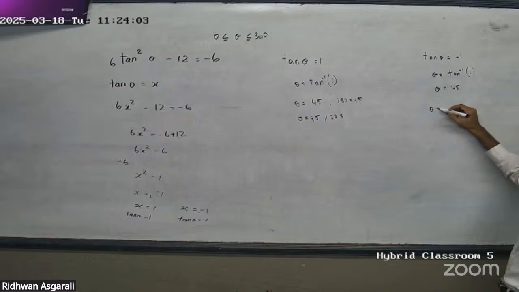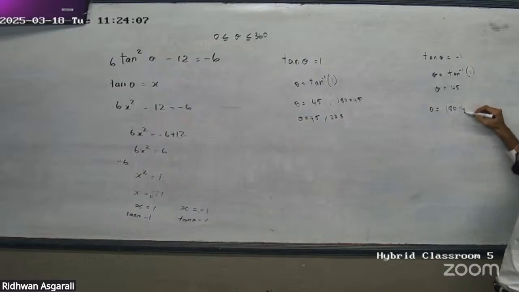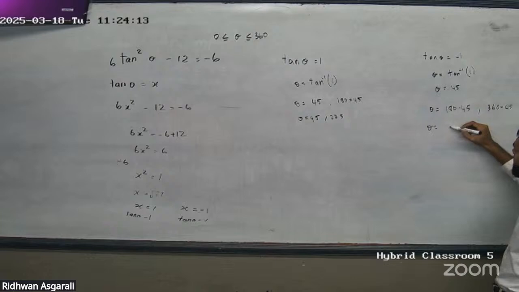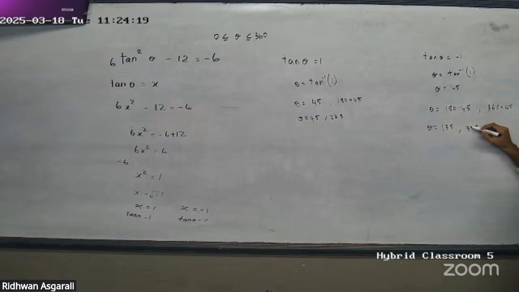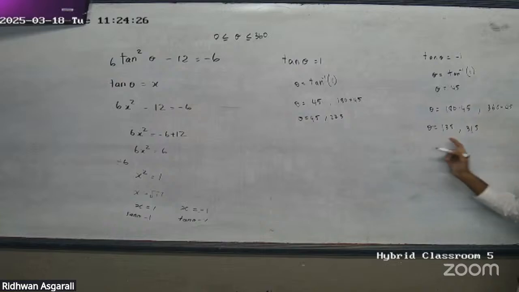So theta is 180 minus 45 and 360 minus 45. So theta is 135 and 315. Yeah. So we get another four answers.